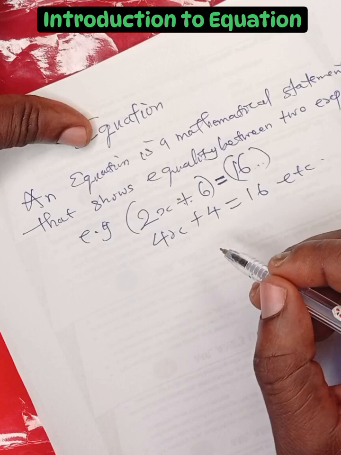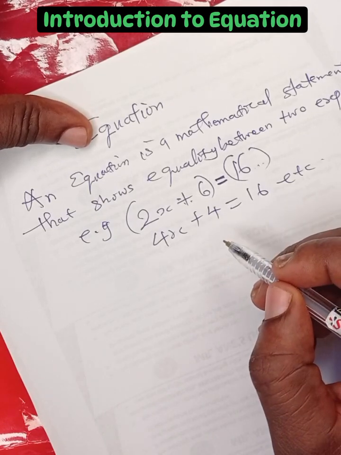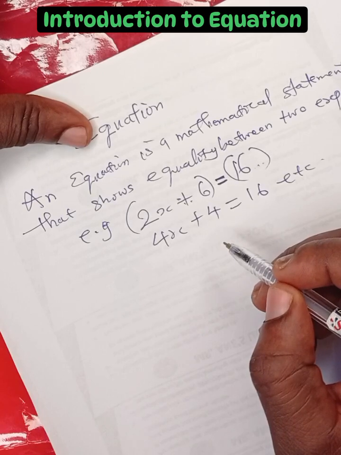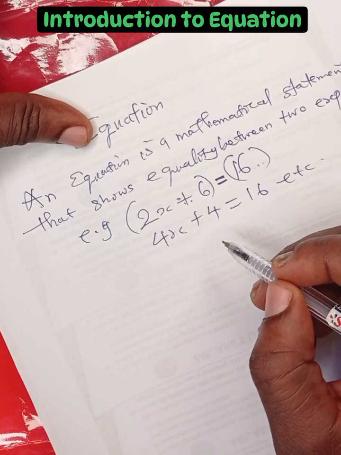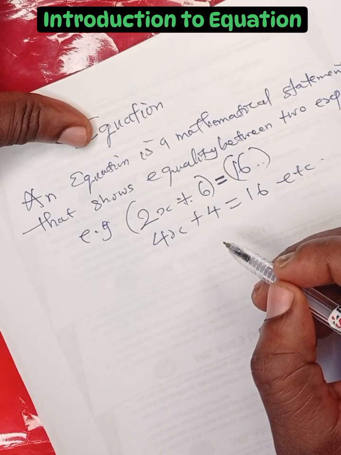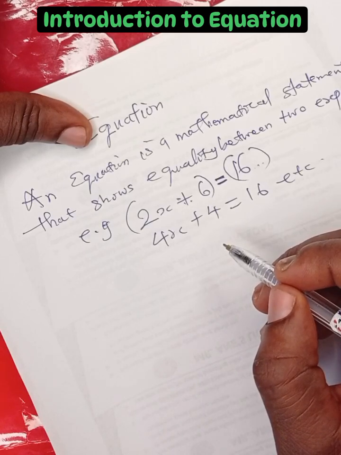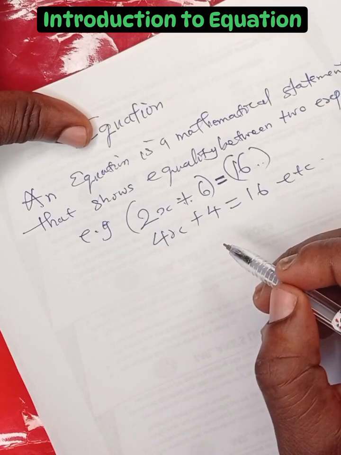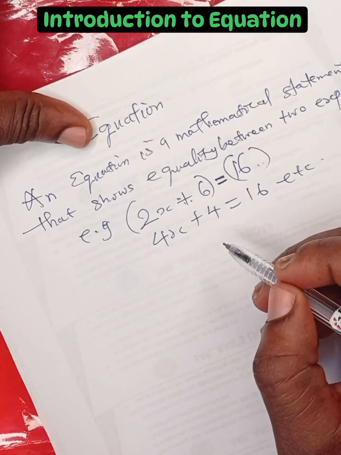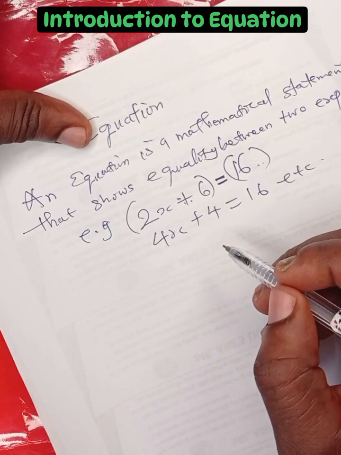If you have not watched that video, please go back and watch it so that you'll be able to understand what we are doing. A linear equation is a mathematical statement that contains only terms in one variable and constant, and the highest power of the variable is 1. The left hand side always equals the right hand side of the equation.